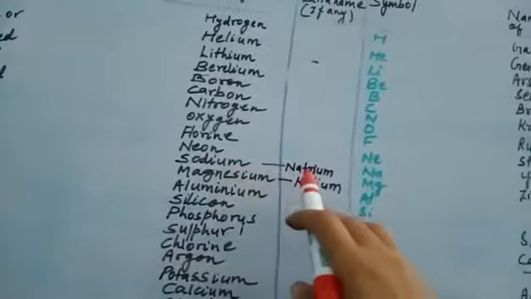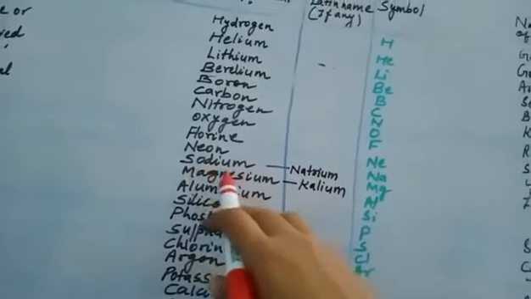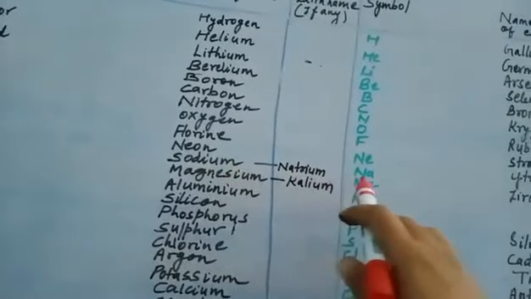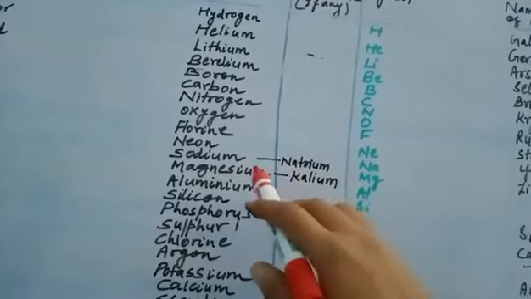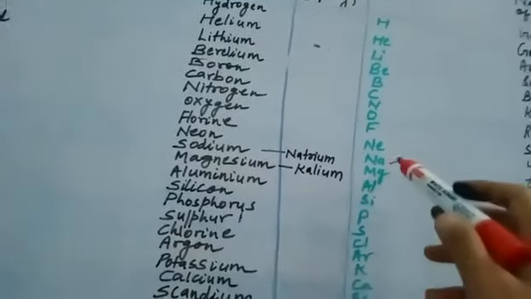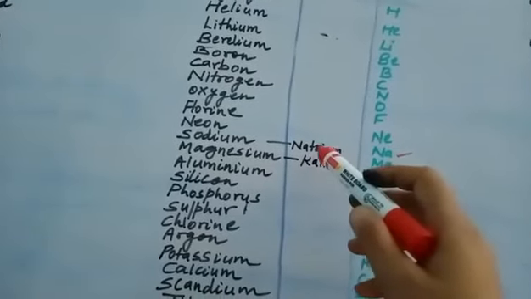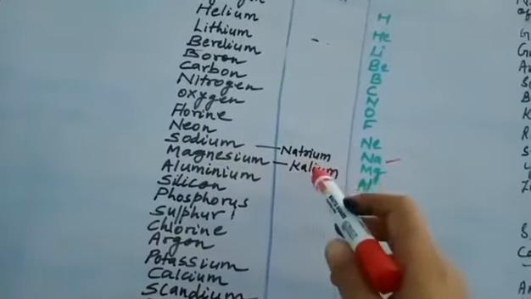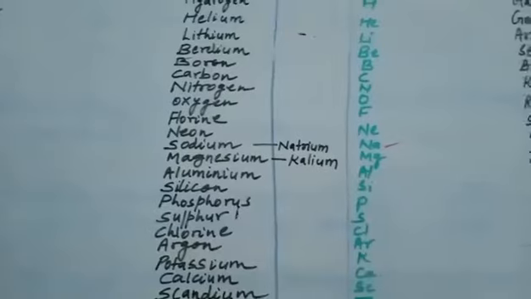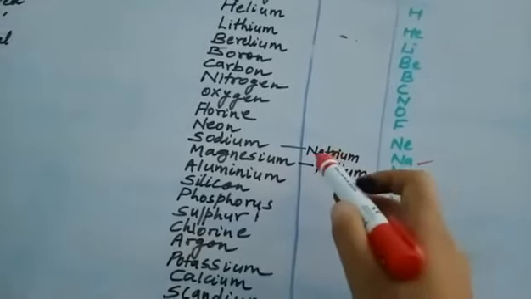Now sodium. Sodium is not taken from the English name of the element. The chemical symbol of sodium is Na, and Na is taken from the Latin word of sodium. The Latin word is what? Natrium. So the symbol is taken from the Latin word natrium.